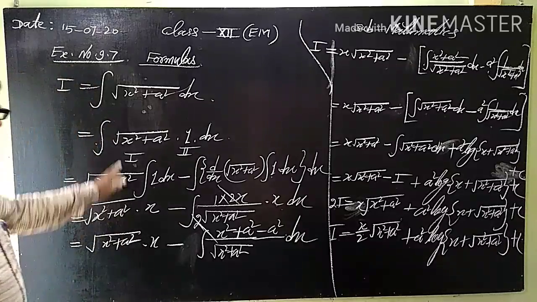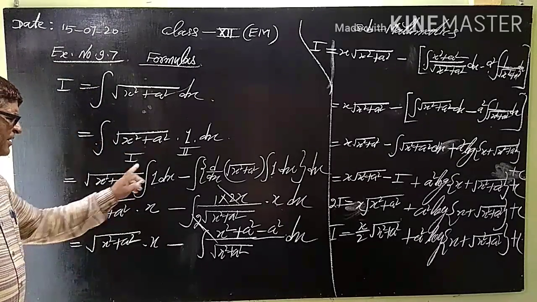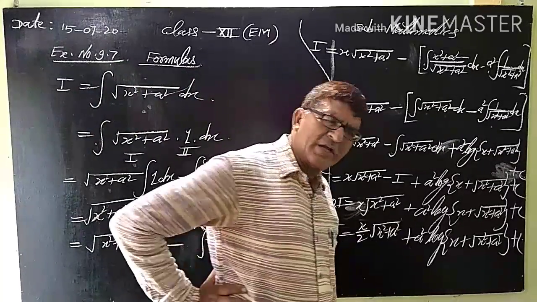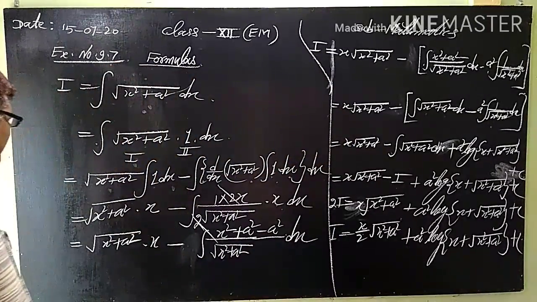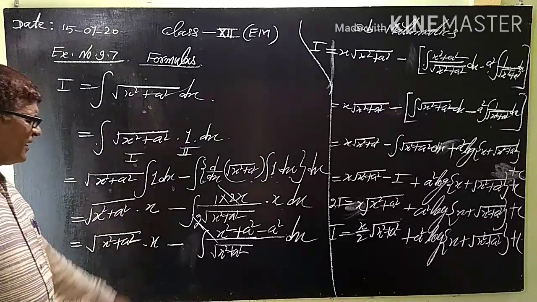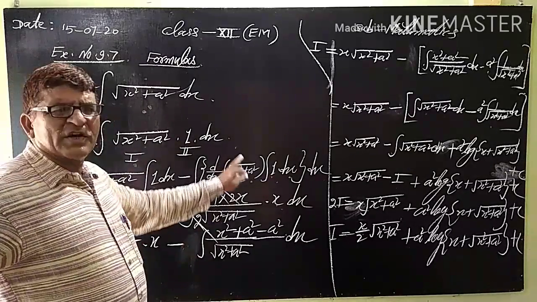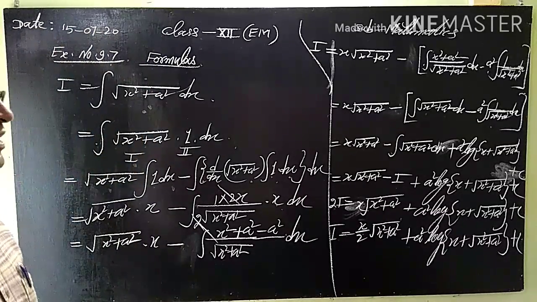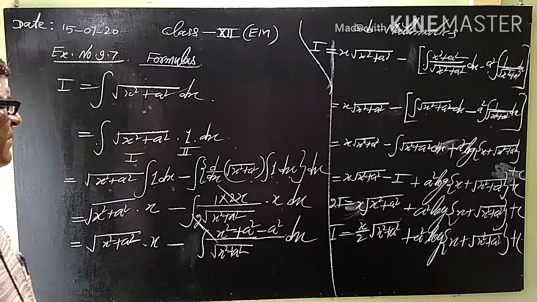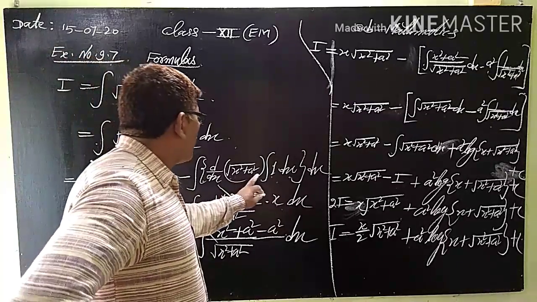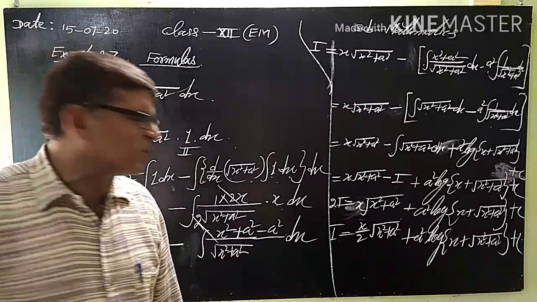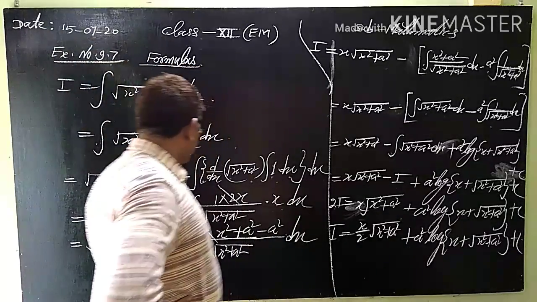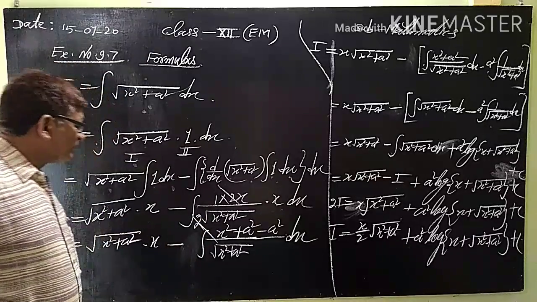Then x square plus a square first, integration of second dx, minus dy by dx of first into integration of second dx. After that, dy by dx of under root x square plus a square equals 1 upon 2 under root x square plus a square, and dy by dx of x square plus a square equals 2x, and integration of 1 equals x. 2 cancelled by 2.